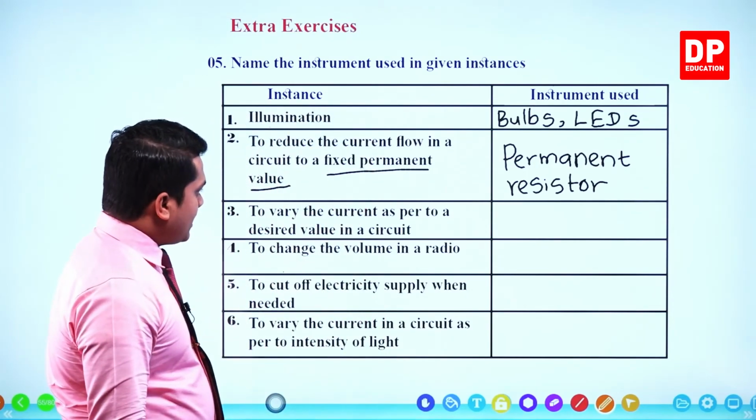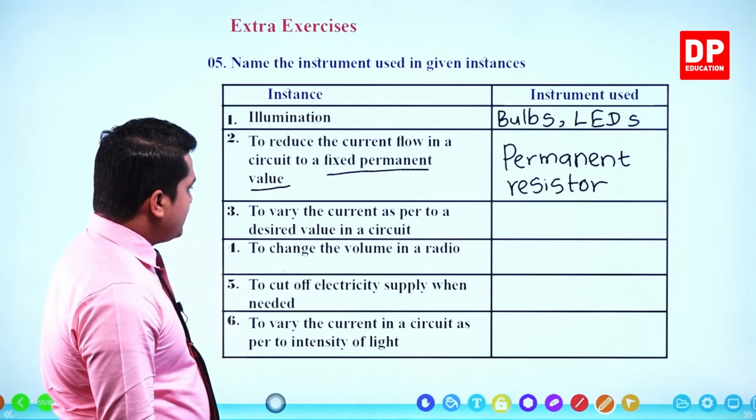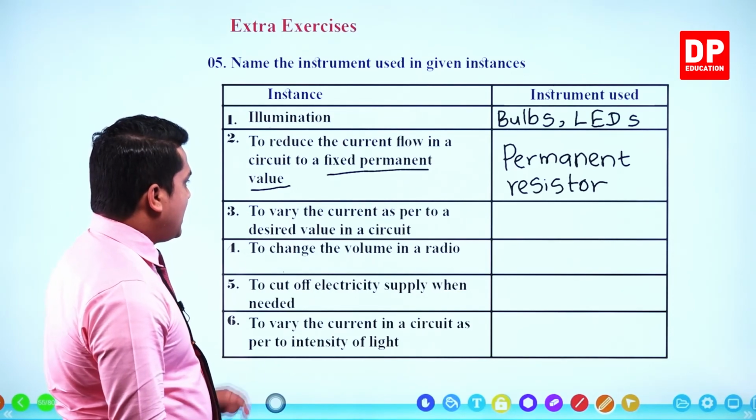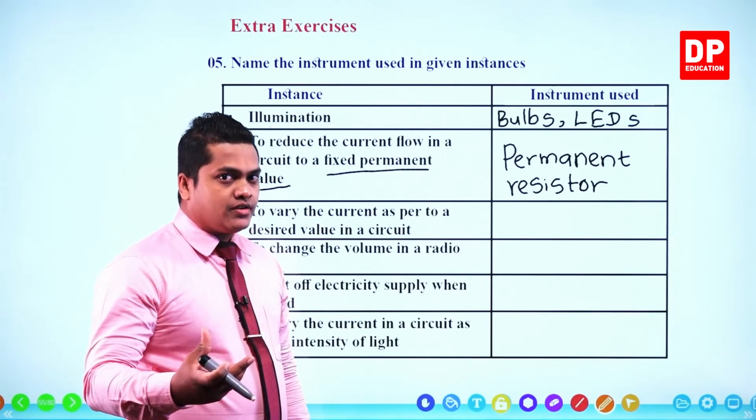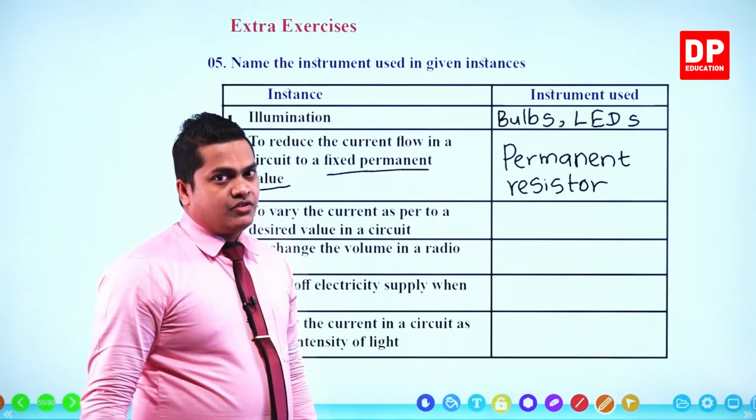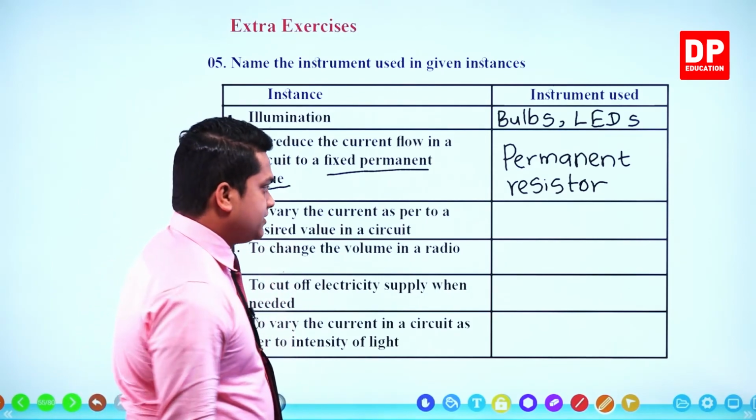To vary the current as per a desired value in a circuit. As per a desired value means whatever the value that we want. So you have to use a rheostat.